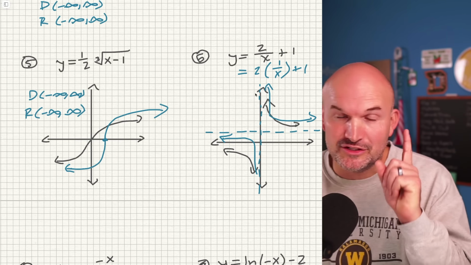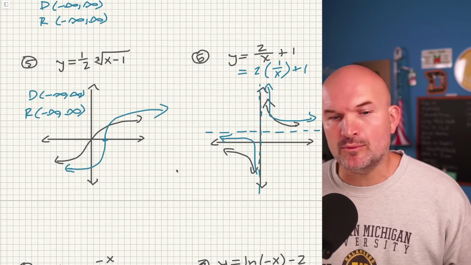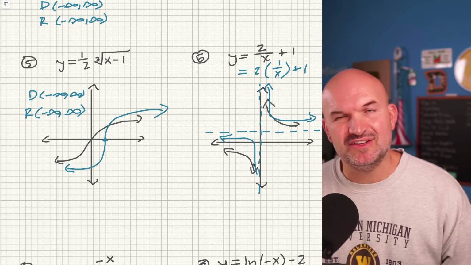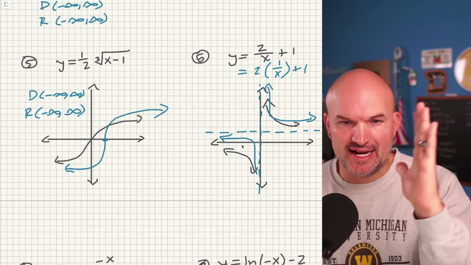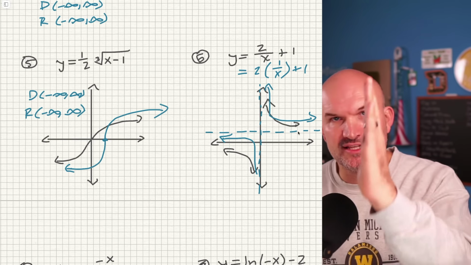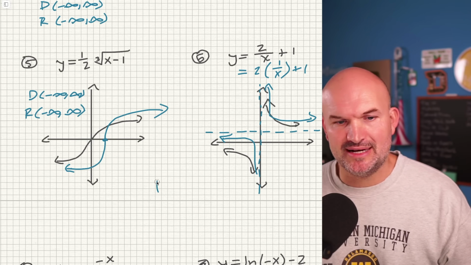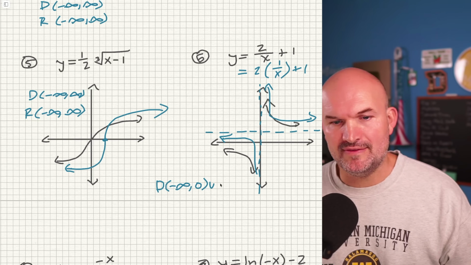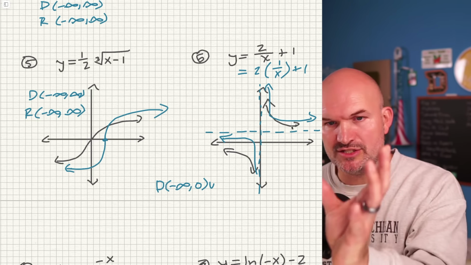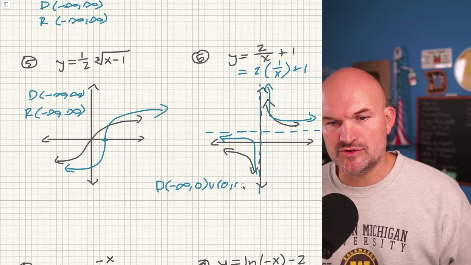But the domain and range are going to be impacted. Now, the way that we write domain and range when we have asymptotes breaking things up, I like to write it as one piece to the left of the asymptote and then one to the right of the asymptote. So my domain in this case would be from -infinity to 0, and then union, that's to the left, and union means I'm going to combine it with what's to the right, which is going to be from 0 to infinity.